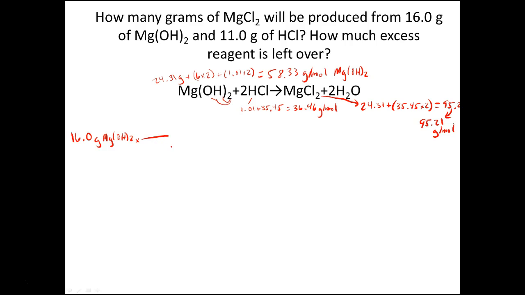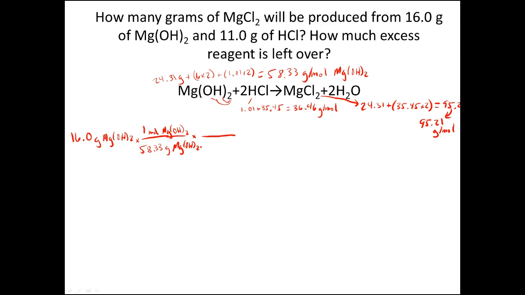So we want our grams to cancel out, so that's going to be over here on the bottom, our molar mass of magnesium hydroxide, which is our 58.33 grams, and that's going to be in 1 mole. And remember, this is our Mg(OH)2, and we should include our units in the numerator and the denominator, so Mg(OH)2 down here as well.